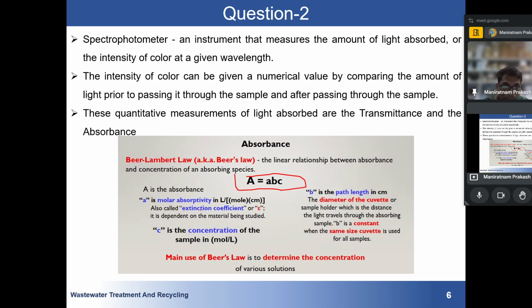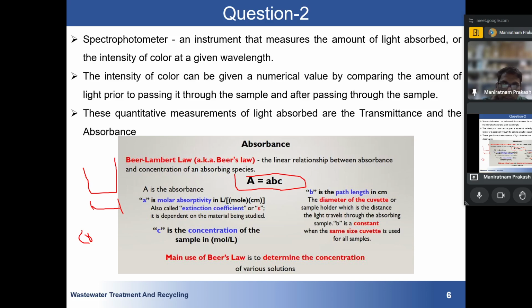We will be keeping our sample in a special container known as a cuvette. Generally, it has a length of 1 centimeter, though it can vary depending upon the method we are using. Suppose we take the example of chromium. Chromium is measured at 620 nanometers.